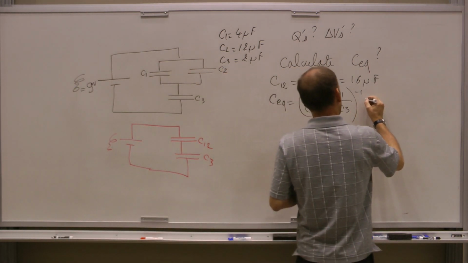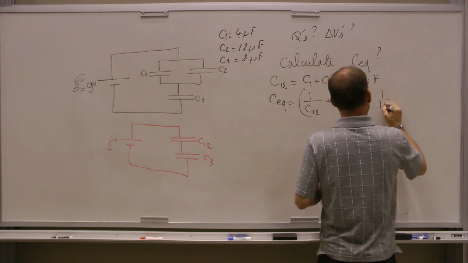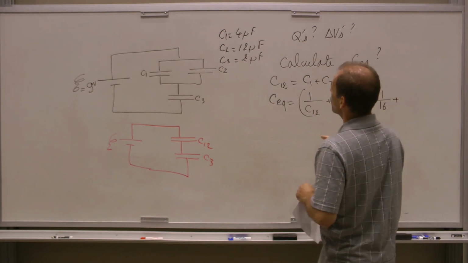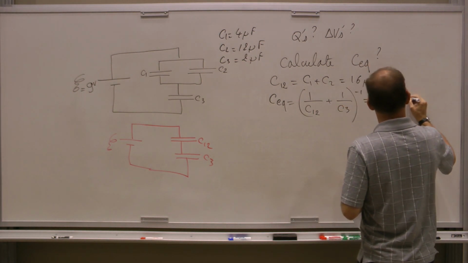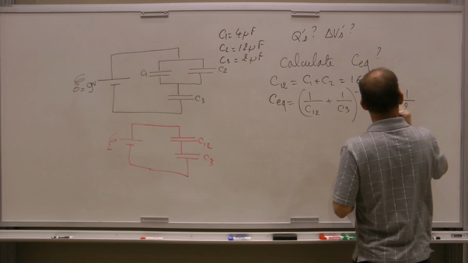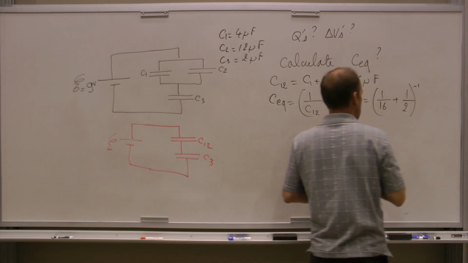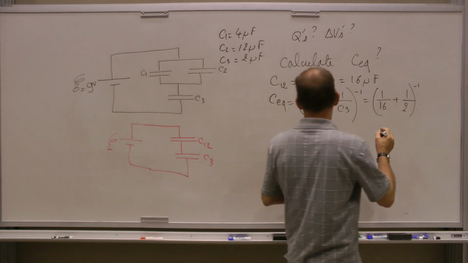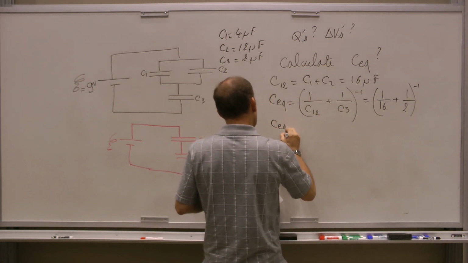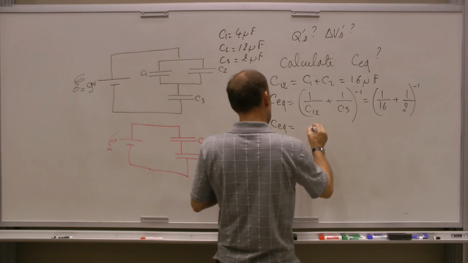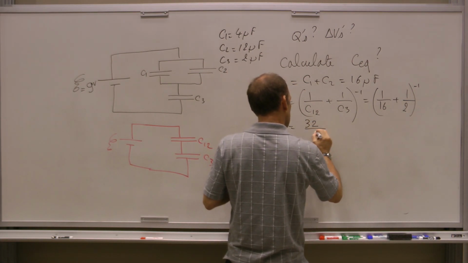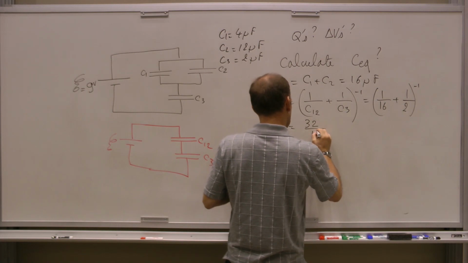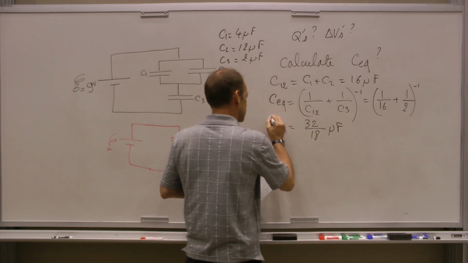So what do I have? I have 1 over 16 plus 1 over 2, and I will take the inverse of that. When you do the calculation, you get your C equivalent as 32 over 18 microfarad.